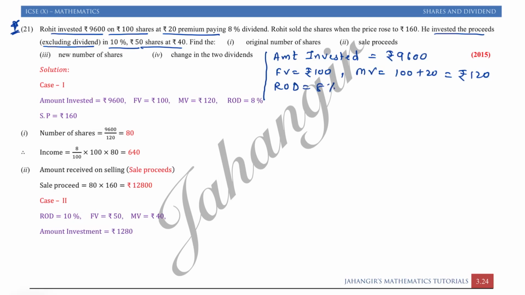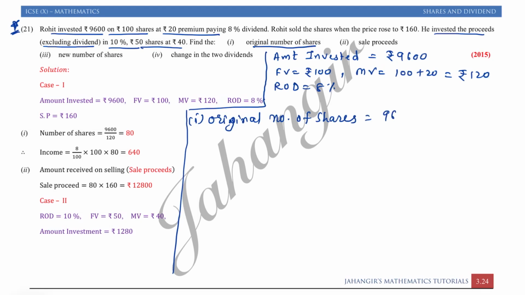First we want the original number of shares. That is equal to amount invested upon market value. Cancelling this, you will get 12 8s are 80 shares.